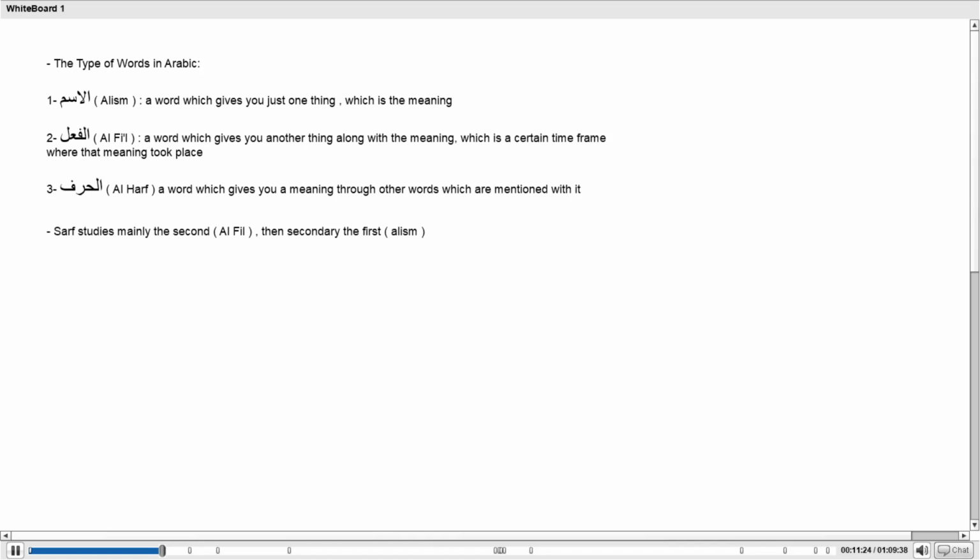That means if you perfect الفعل in how it works and how it is formed, you will have no problem at all understanding how الاسم works. Is that clear? Okay, barakallahu feekum. Let's go to our third point.